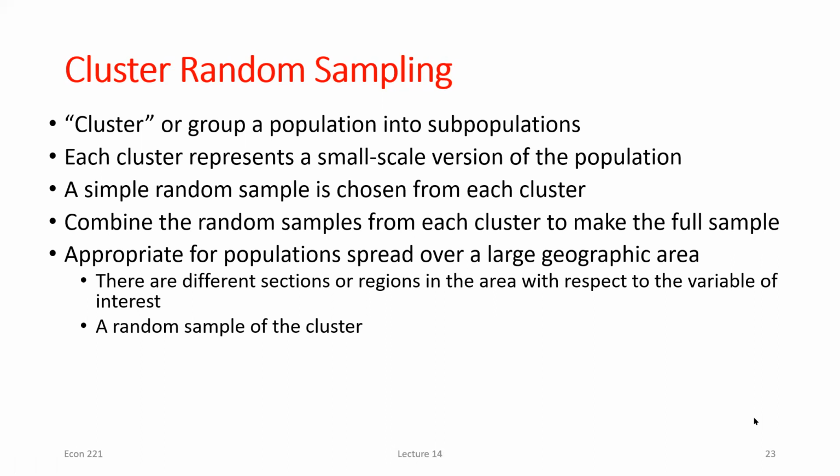I'd have a full sample of 100. So it's still the idea that you're randomly sampling from different groups and then throwing all those together to get your full sample. It's just that here, each group is not defined by a characteristic. The groups are usually geographic locations, right? So you're ensuring that you have a smaller scale version of the population in each one of those geographic locations. Okay. I think that's all I have here.